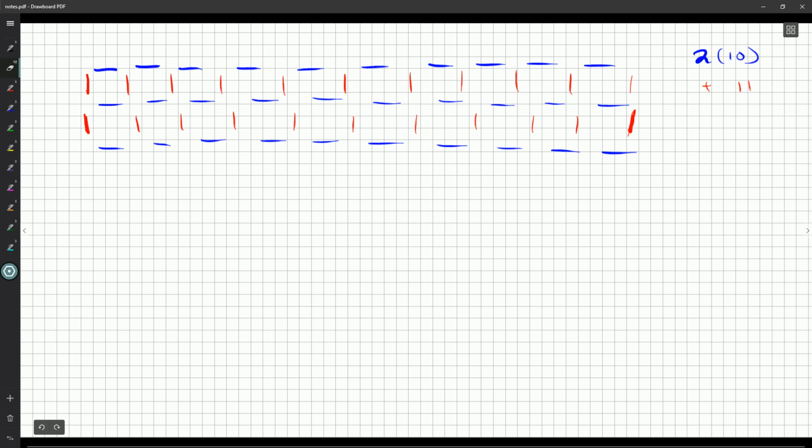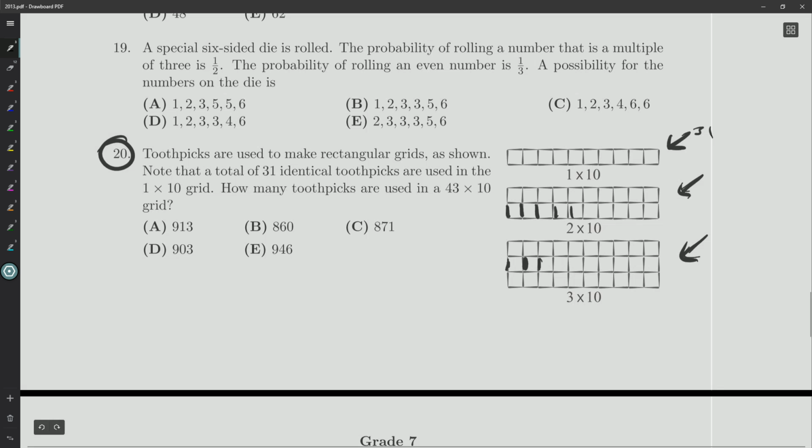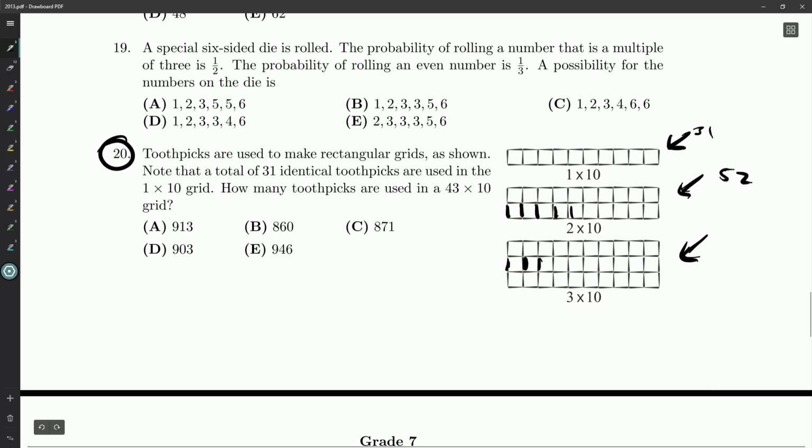So now we don't have 2 groups of 10. We've got 3 groups of 10, or 30 horizontal toothpicks, and 2 groups of 11 vertical toothpicks. So that's 30 plus 22. That'll be 52. And so if we were looking for patterns, 52 would be the next one.